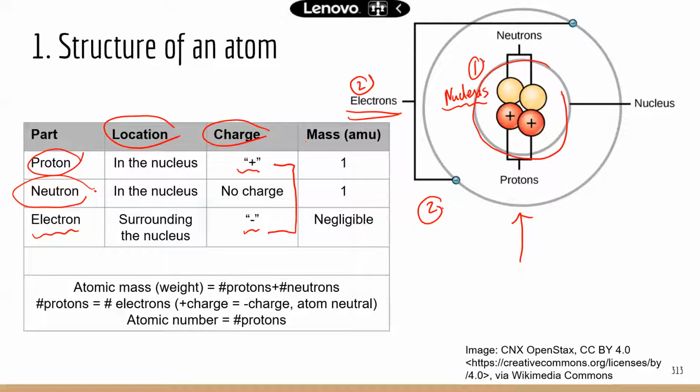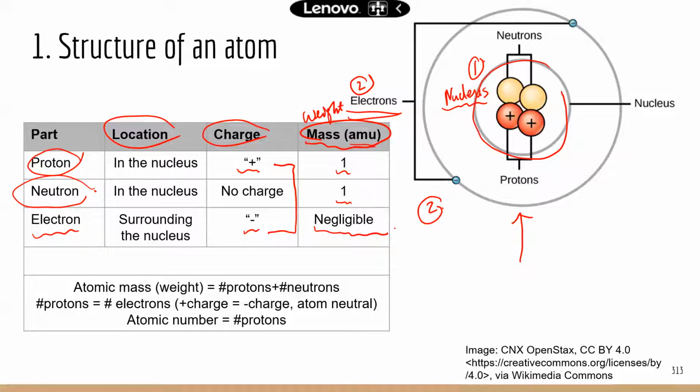Okay, now the third one is mass or weight. Now, only protons and neutrons, the two types of particles in the nucleus, have a mass. So they each weigh 1. Now the unit is just AMU, so that's atomic mass unit. The electrons, they're so tiny, they don't weigh much, so their mass is negligible.